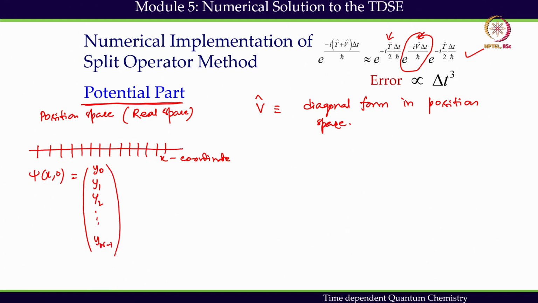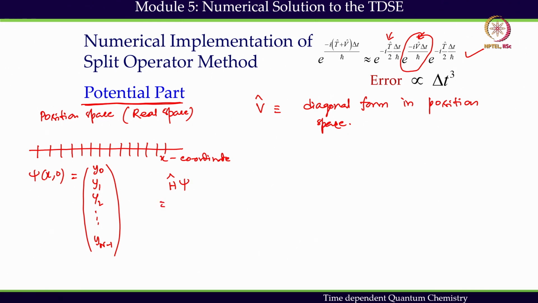Details of this discretization have been discussed already in Python tutorial 2, and one can review that quickly. So this is the discretized representation of the wave function.